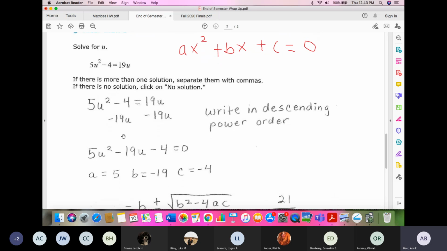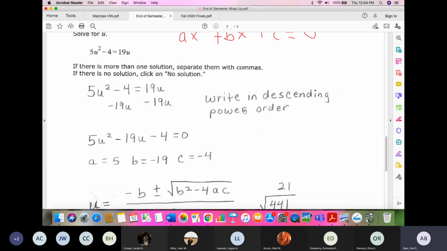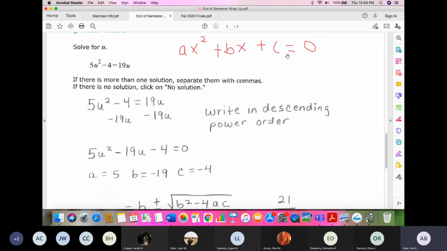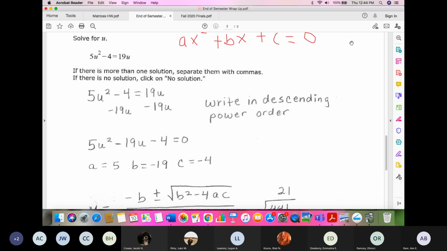We want to write our quadratic polynomial in descending power order: the square term first, 5u squared, then the u term, minus 19u, and then minus 4. 19u minus 19u is 0, so we've got the 0 that we need on the right side. You could have it written the other direction too: 0 equals ax squared plus bx plus c.